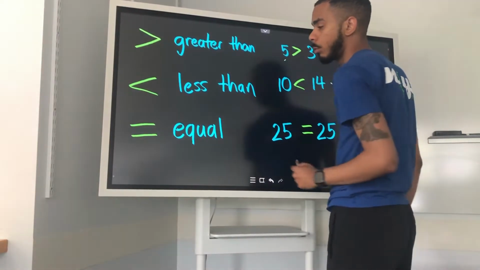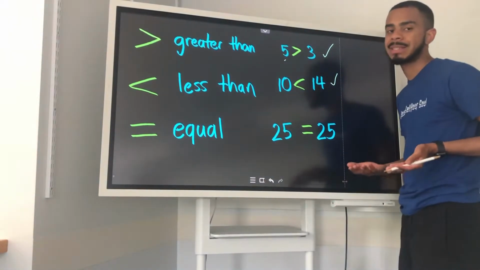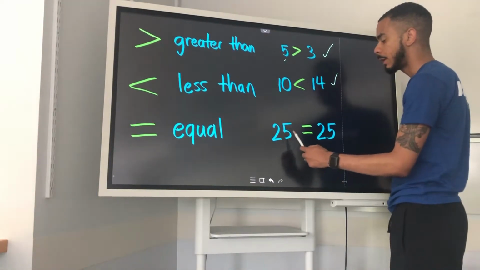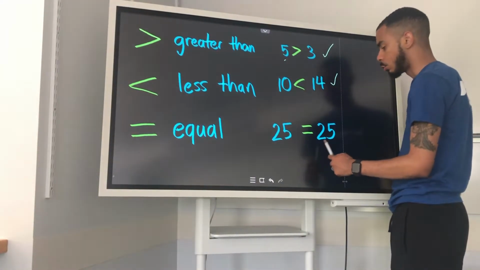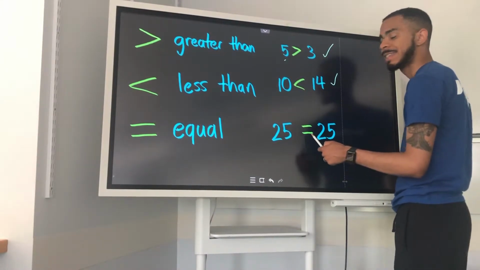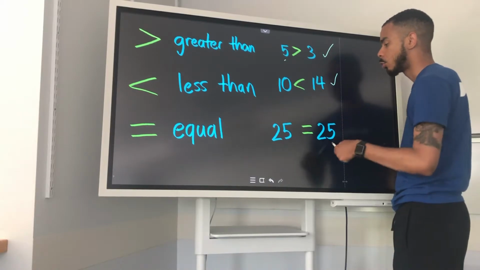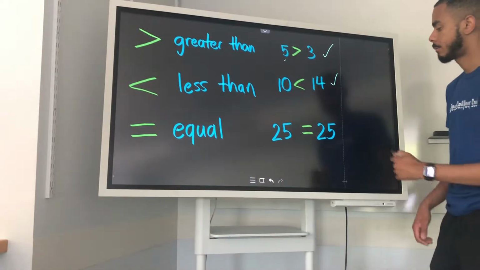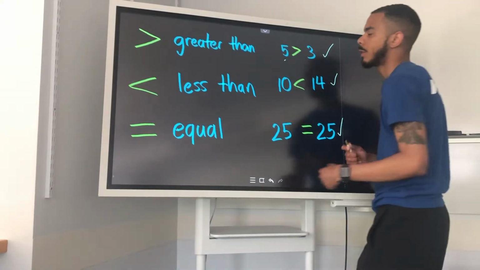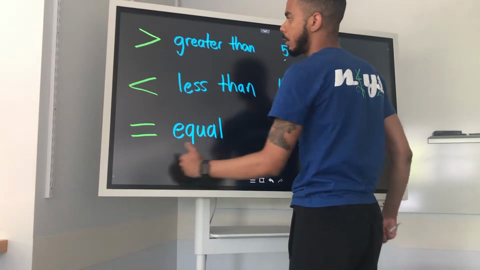And then equal. We all know equal. Equal means the same as. So let's read this number sentence. 25 is equal to 25. Why? Because 25 is the same as 25. So check. So that's what these three symbols mean.